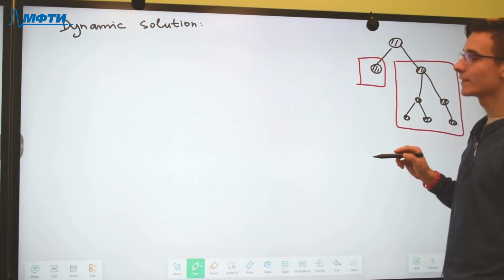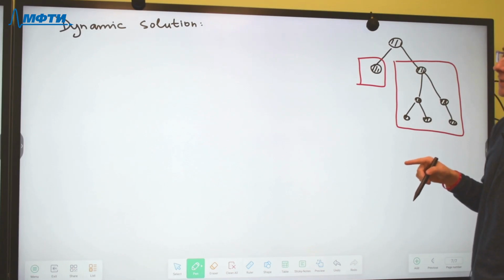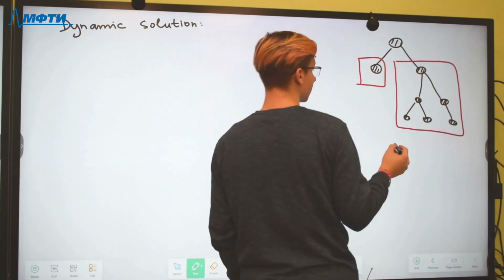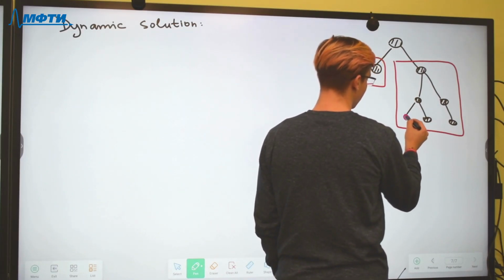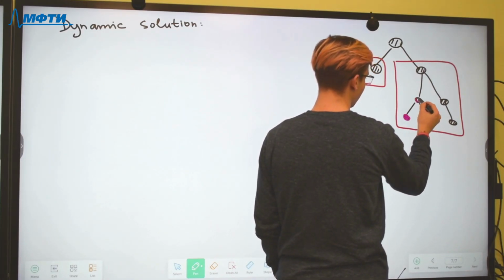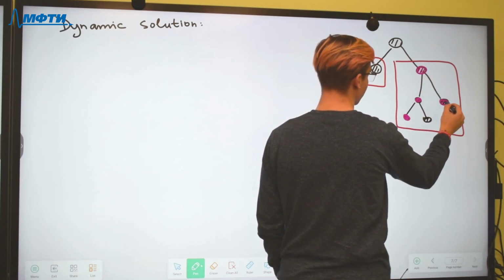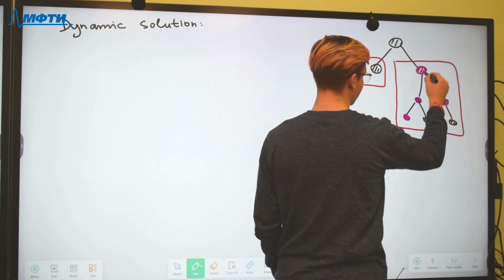It's interesting, but we need to remember that there are different ways to find the maximal path in the graph. Firstly, we can find the maximal weight in a subtree, for example.